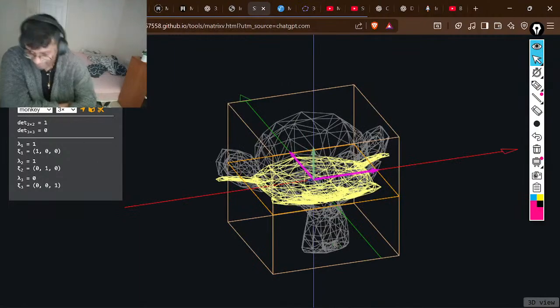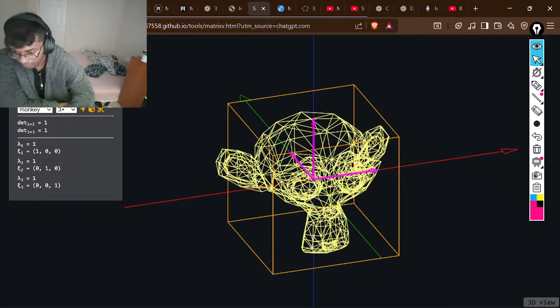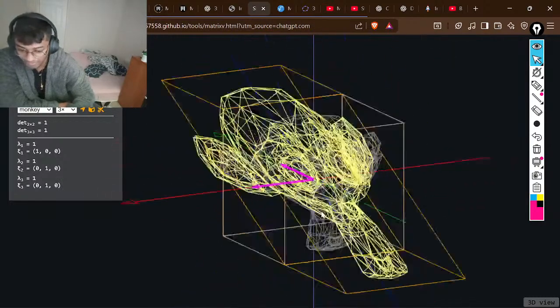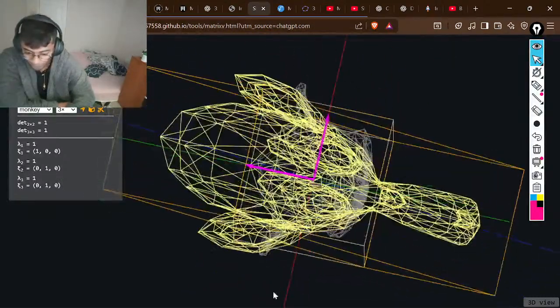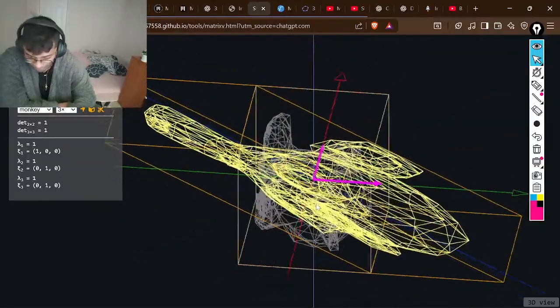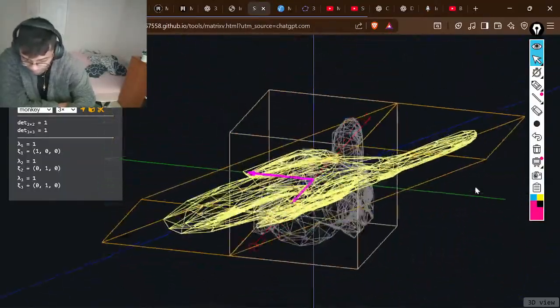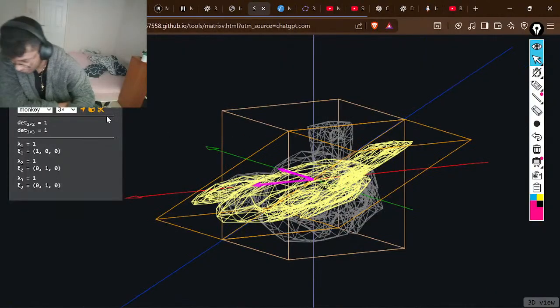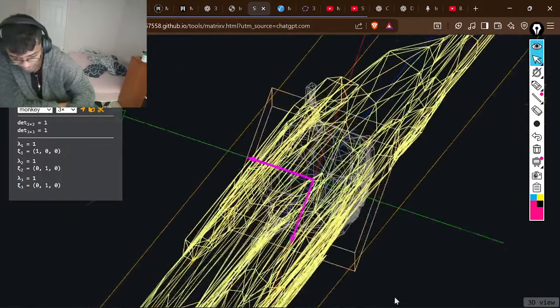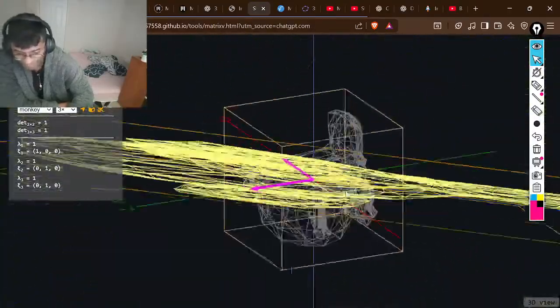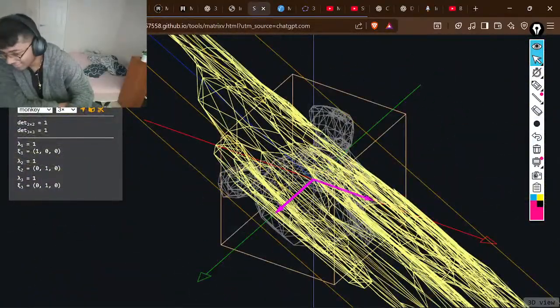Okay. So what happens when I do this? Oh shit. Yo. Look at him. Look at my boy. He's getting stretched. Shit. Bro. You know what I'm saying?